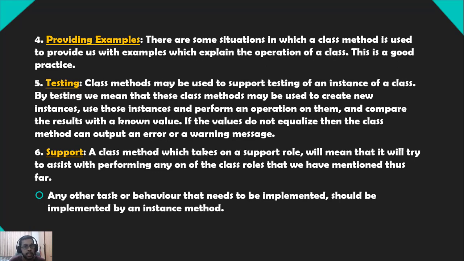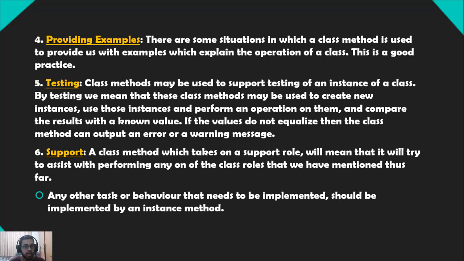Number 5, testing. Class methods may be used to support testing of an instance of a class. By testing, we mean that these class methods may be used to create new instances, use those instances and perform an operation on them, and compare the results with a known value. If the values do not equalize, then the class method can output an error or a warning message.